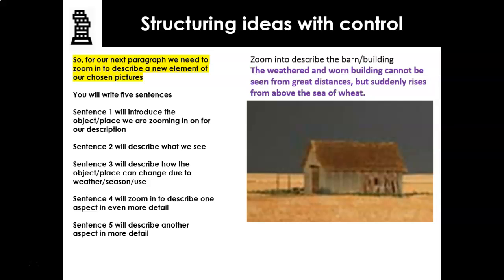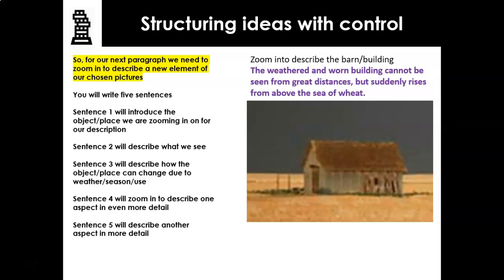So those are things that I can see. Now I've already preempted that this description is not going to be celebrating that this is a modernized, lovely, beautiful building, is it? I've said weathered and worn. So in my description of what I can see, I might talk about the old, rusty corrugated iron. Might talk about the broken and dilapidated tiles upon the roof. I'm going to challenge myself to describe what I can see.